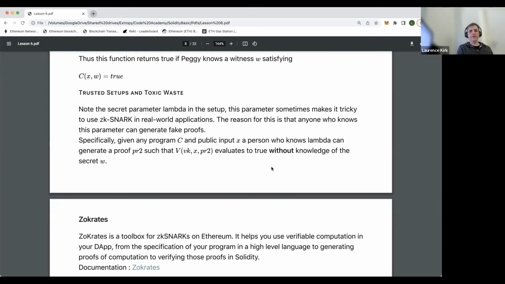And this is a way of creating the initial setup of the system, which incorporates this lambda value, but doing it in such a way that this value as a whole is not leaked. So to make sure that people cannot find out what this lambda value is. And the way this tends to be done is that we do what is called a multi-party computation.